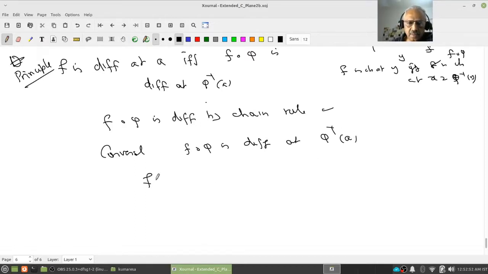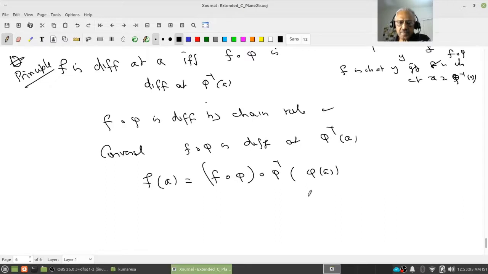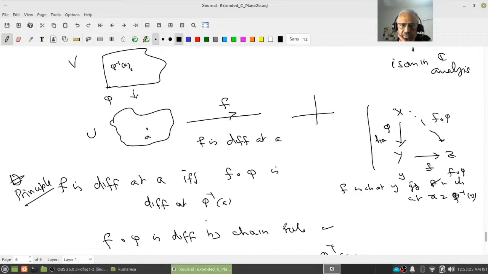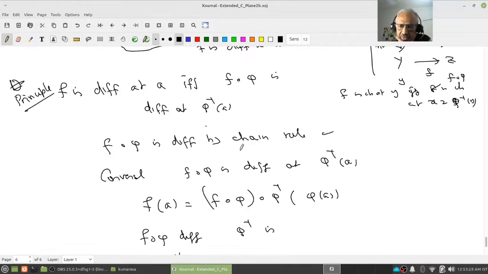Then f is f composite phi composite phi inverse. f composite phi is differentiable at phi inverse a, and phi inverse is differentiable at a.